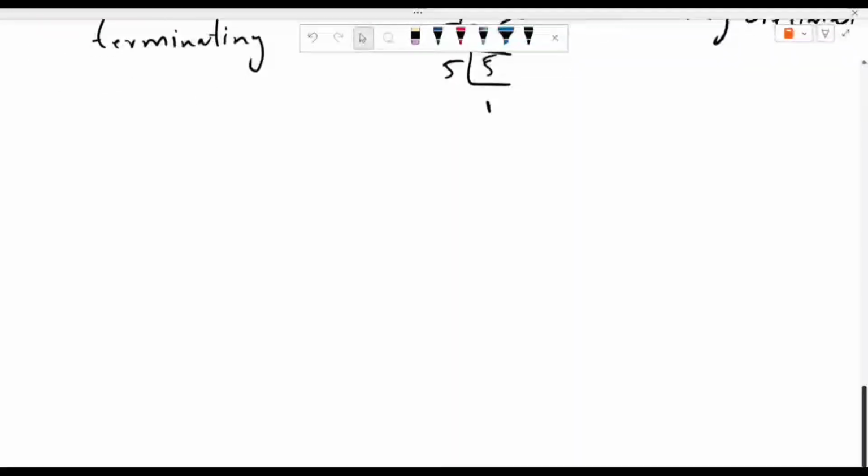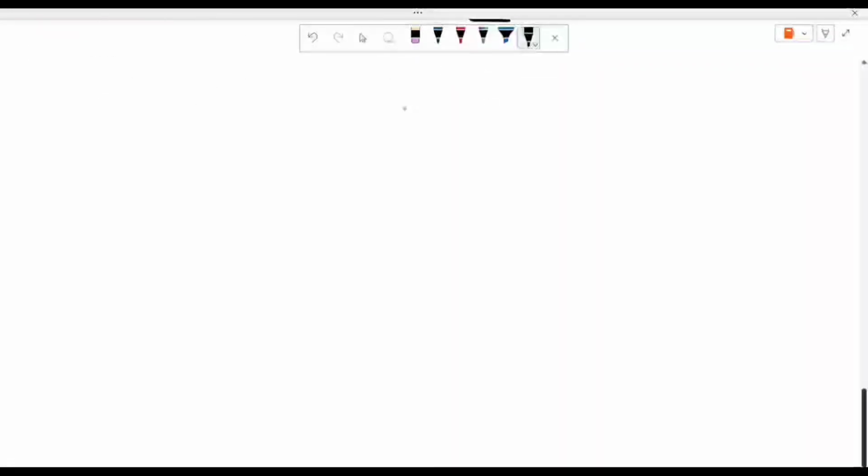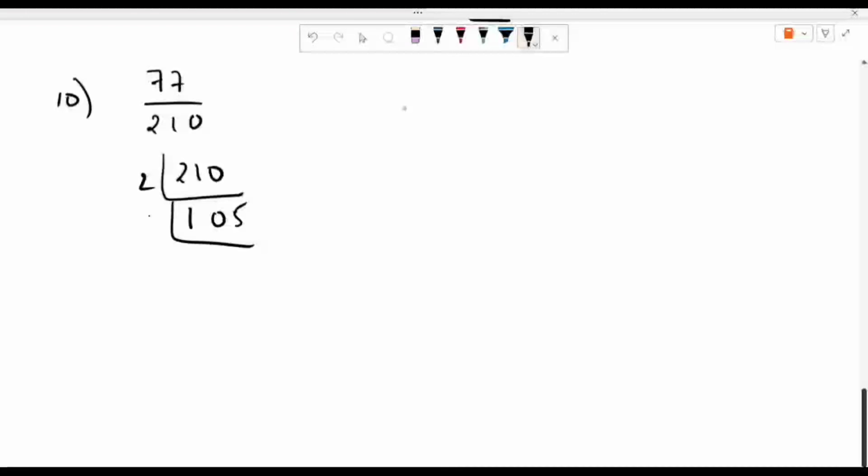Now let's take the last question, the 10th question. What does the 10th question say here? 77 divided by 210. Now again take the prime factorization for 210. It will go with 2. 2 1s are 2, 0. 2 5s are 10. Again here, we won't go with 2 because 3 is there, so we go with 3. 3 3s are 9 and 1 is there, 3 5s are 15.